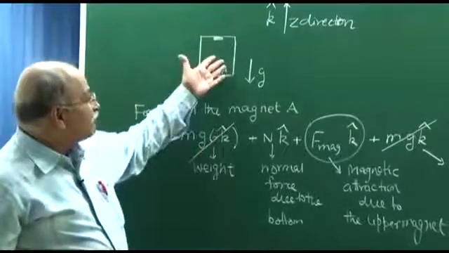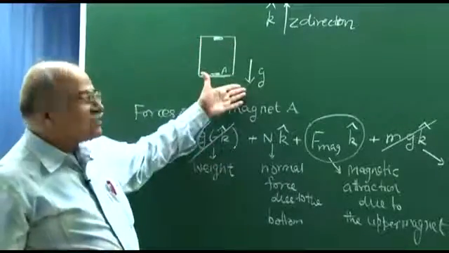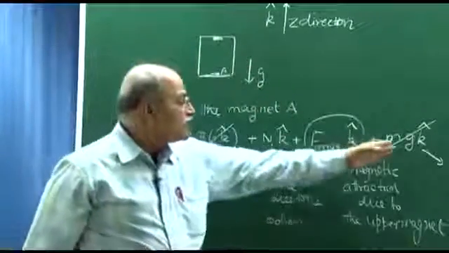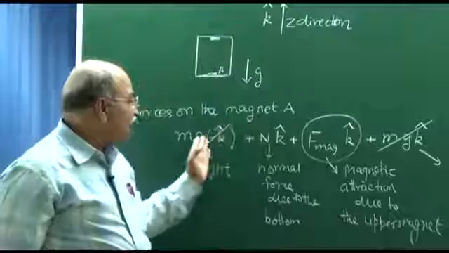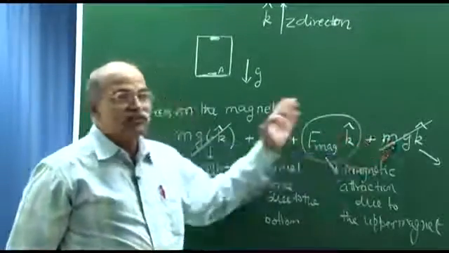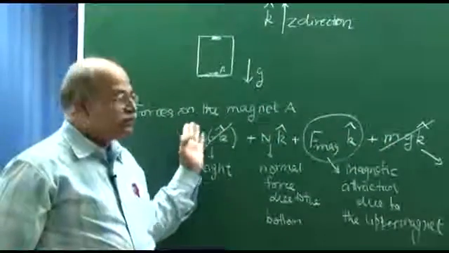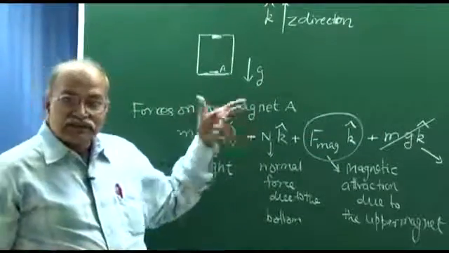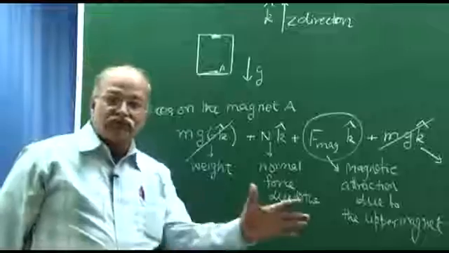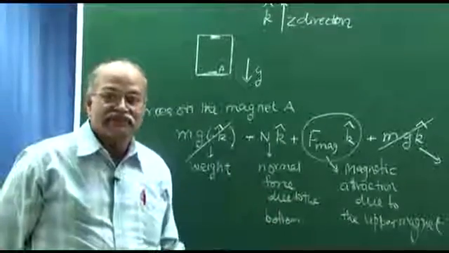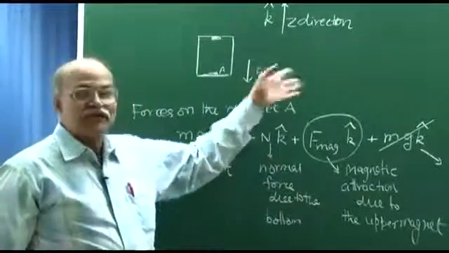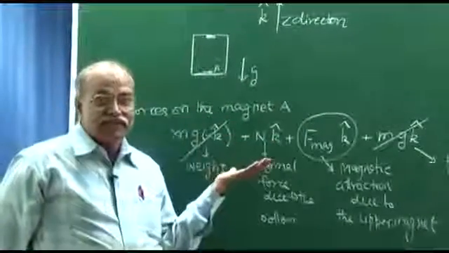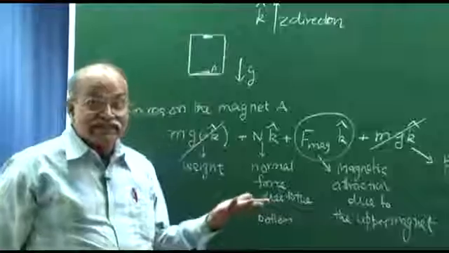And if your frame is falling freely, or it has an acceleration g, as you see here, all effects of gravity get cancelled with the pseudo force. So the pseudo force and this weight, they all cancel each other. So you forget the pseudo force and you forget gravity, and you can write your equations and it works. So this is also known as weightlessness.